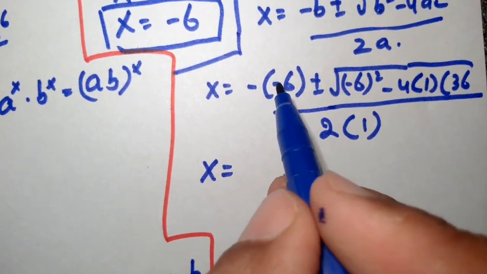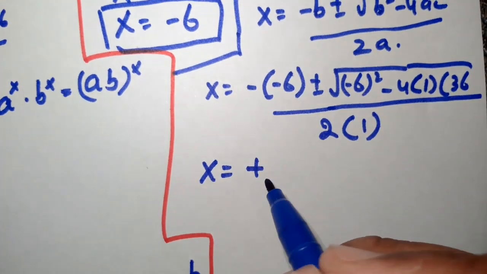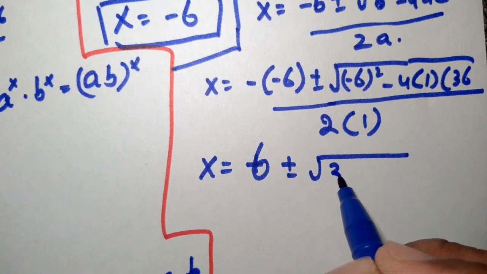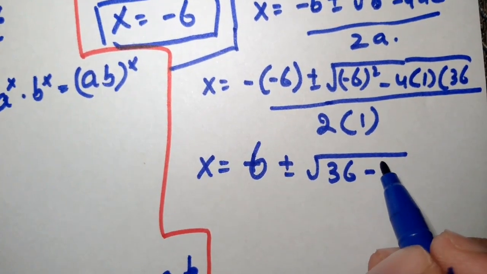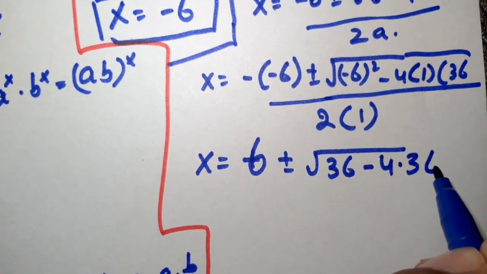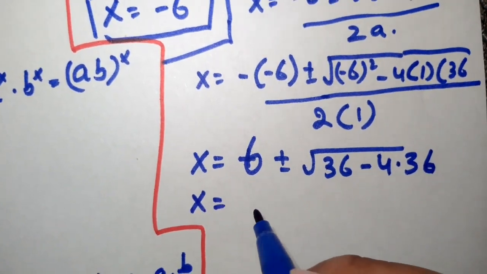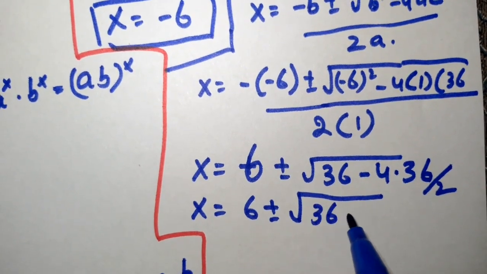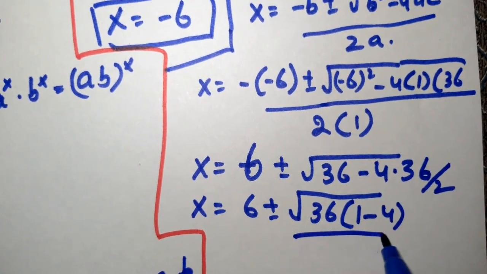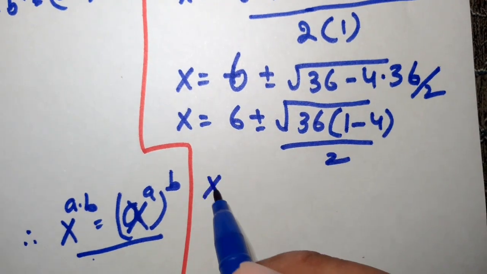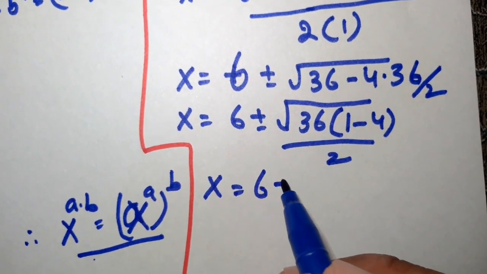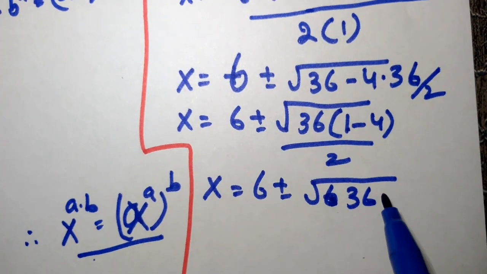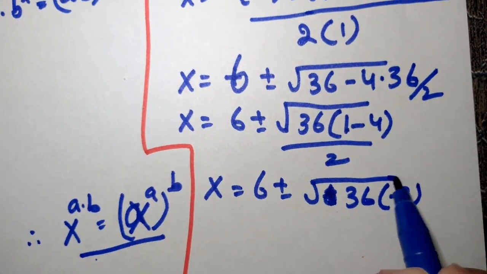X is equal to minus multiplied by minus is plus 6, plus minus the square root of 6 multiplied by minus 6, which is plus 36, minus 4 multiplied by 36, over 2. x is equal to 6 plus minus the square root of 36 minus 144, over 2. X is equal to 6 plus minus the square root of 36, where 1 minus 4 is equal to minus 3, over 2.